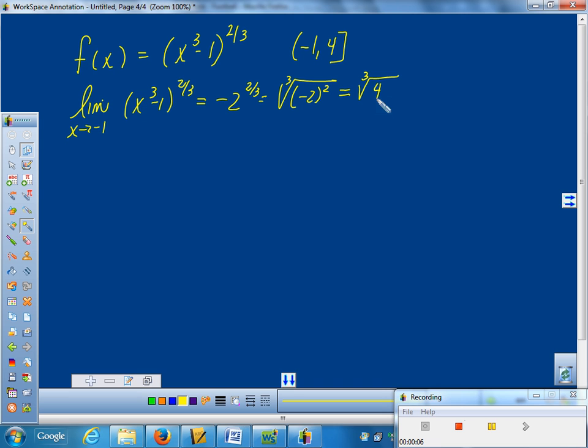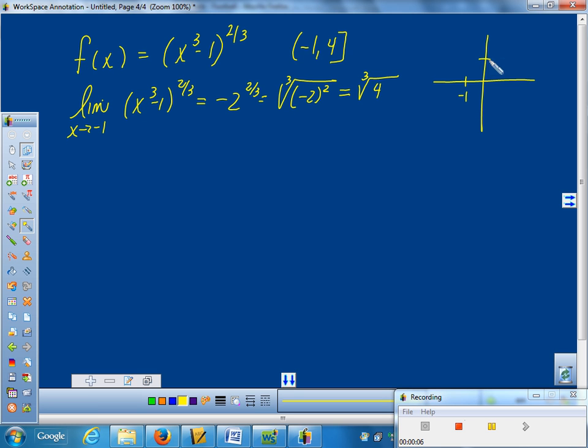Okay, so realize how does that impact our decision about our absolute maximums and minimums? For there to be an absolute maximum, we have to get a point that's higher than the cube root of 4. For us to have an absolute minimum, we have to get something that's lower than the cube root of 4. So it kind of matters. So that was at -1.